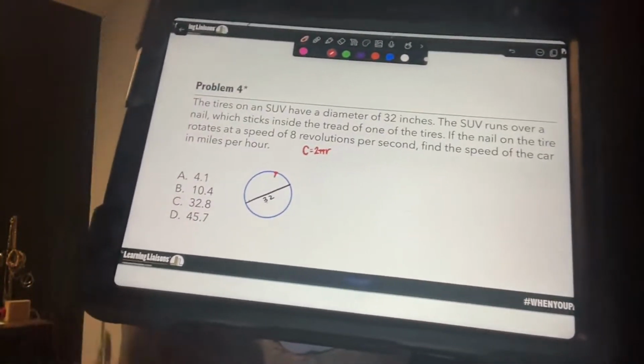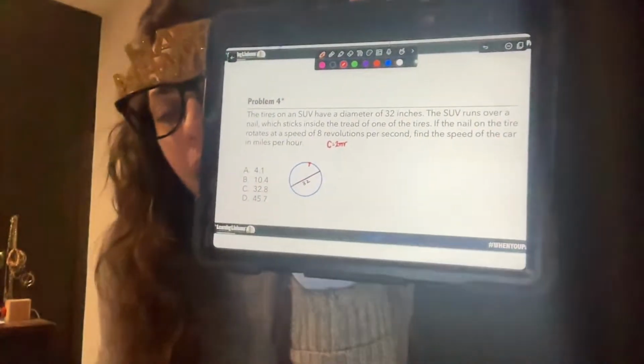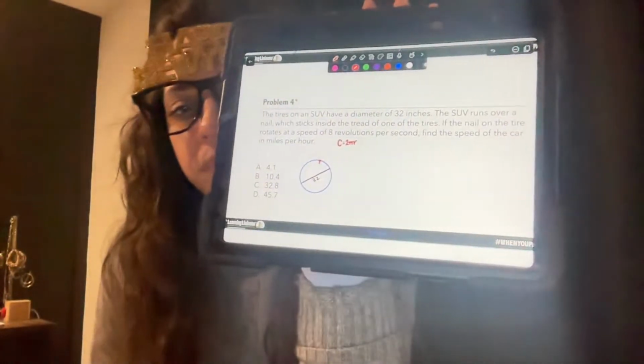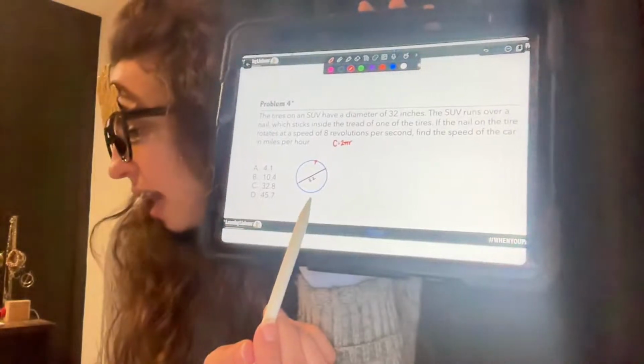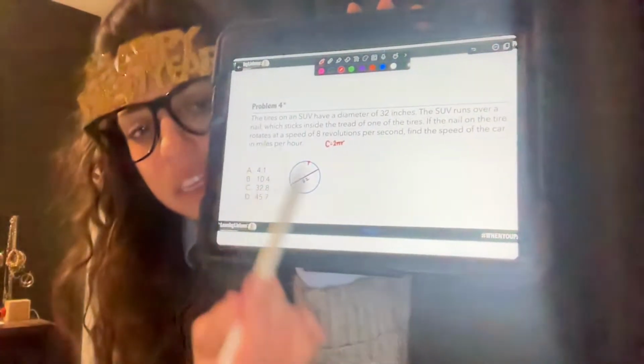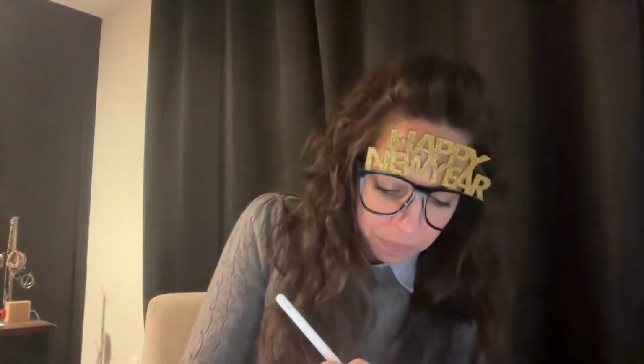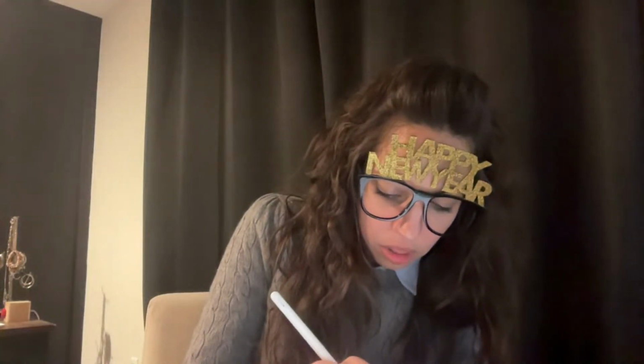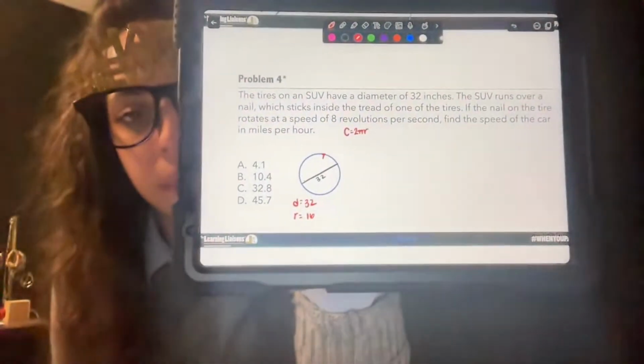What is the radius of that tire? Vocabulary, vocabulary, vocabulary, y'all. The radius of that tire is half the distance of the diameter, right? So the diameter is 32. The radius is going to be 16 because the radius is 32 divided by 2.